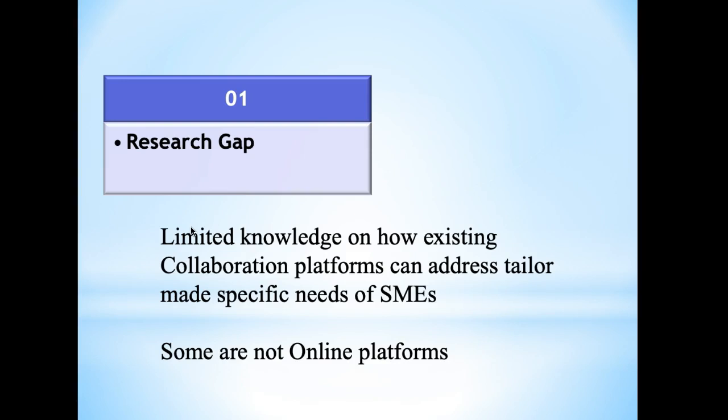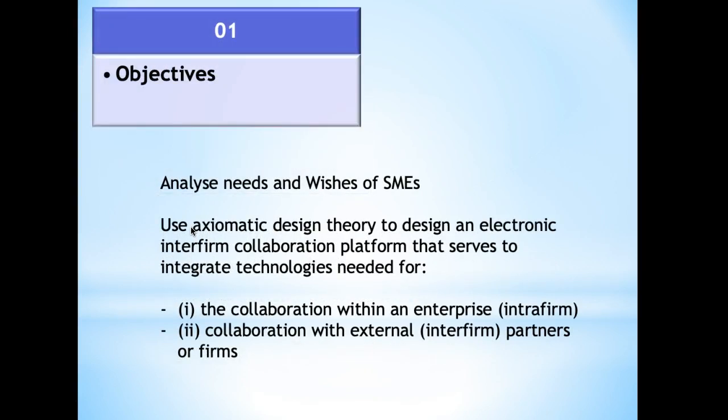But what is a little bit missing, what is not widely discussed or researched, is collaboration involving small and medium-sized enterprises and a kind of tailor-made collaboration system for them. That is a little bit missing when the literature has been analyzed. And there are some collaboration platforms already, that is true, but most of them are not online. So later we will talk about some other types of collaboration platforms that are widely used today.